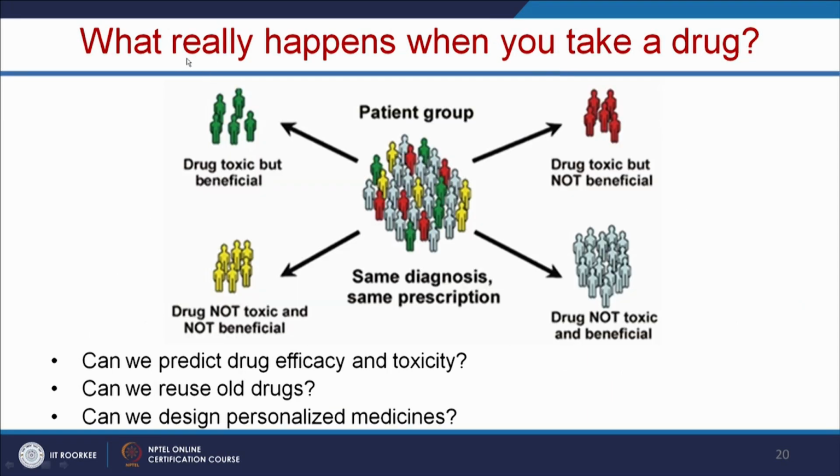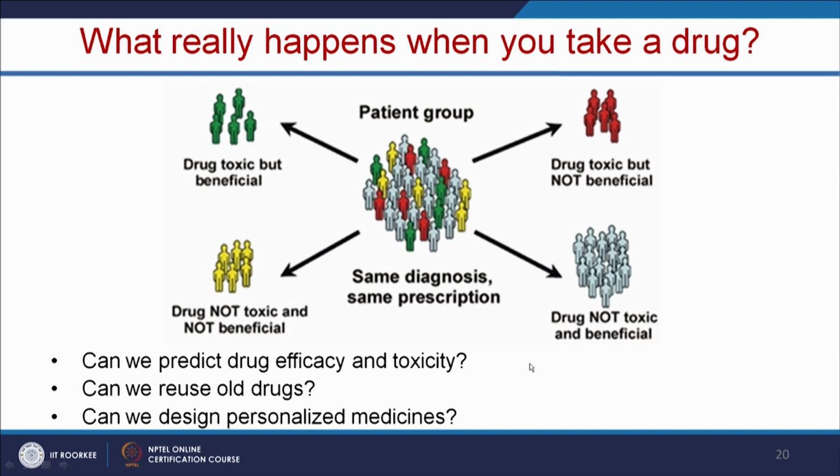So, let us see what really happens when you take a drug. This is a patient group with the same diagnosis and the same prescription, but you can see different kinds of effects. In one group the drug may be toxic but beneficial. In another group the drug is toxic and not beneficial, in another the drug is not toxic and not beneficial, and in another it is not toxic and beneficial.